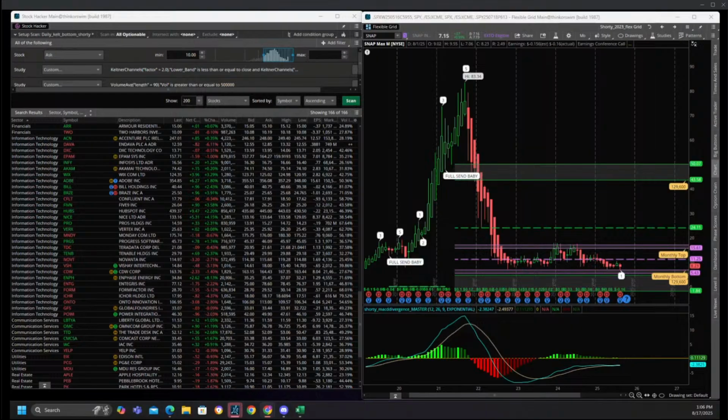I would think Snap is going to be bought out by somebody, whether it's Meta or someone else. This is gonna be bought out, guys, as this is a typical candidate in the M&As. I would expect them to be bought out.